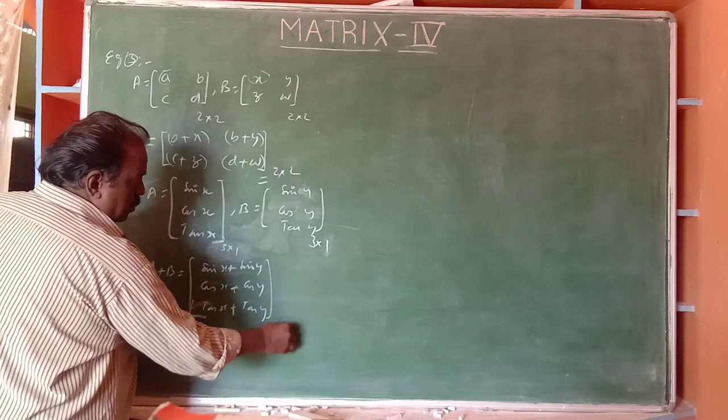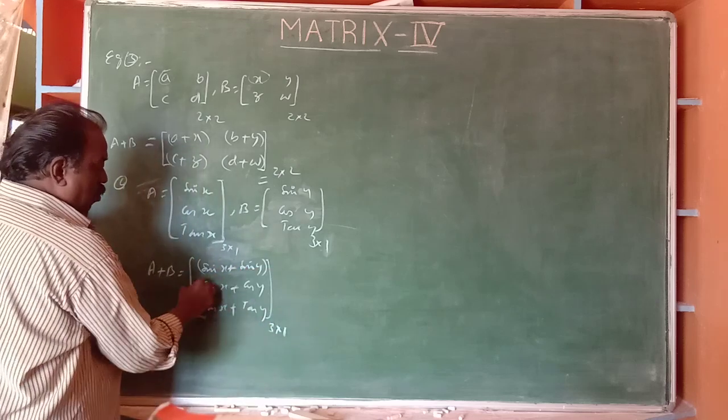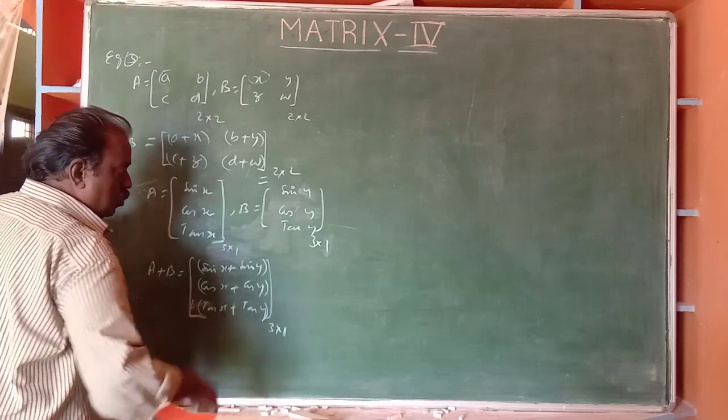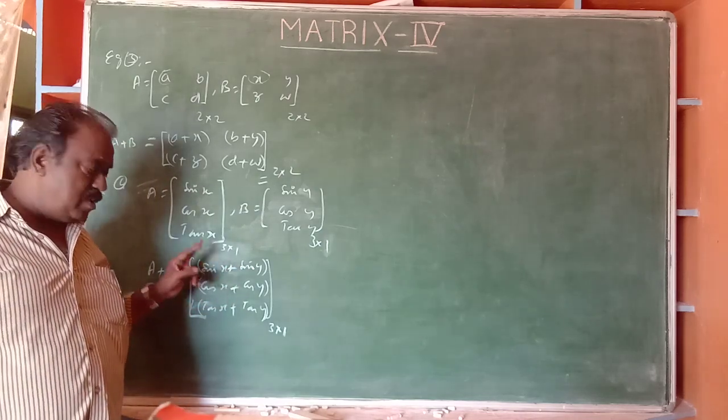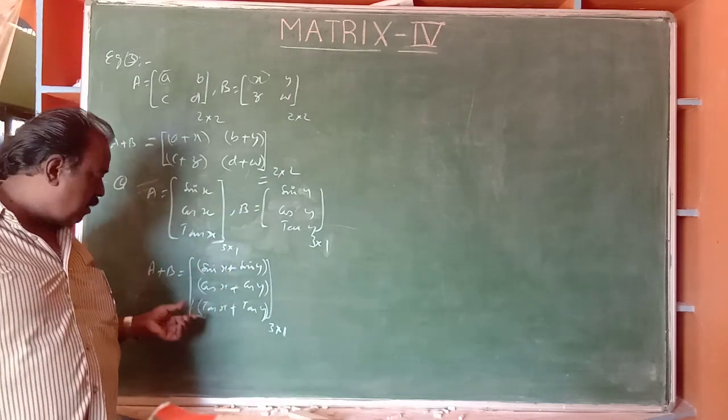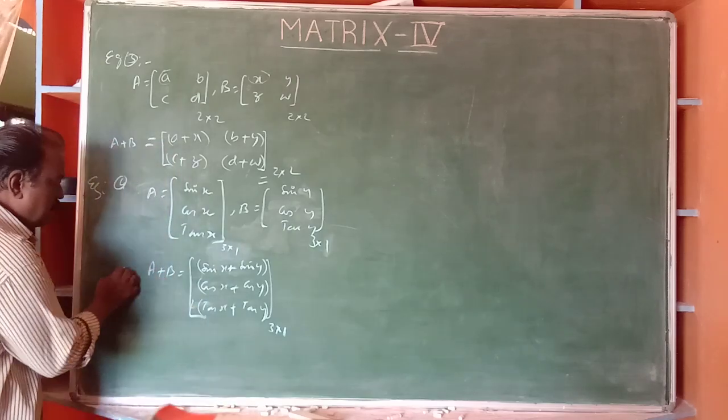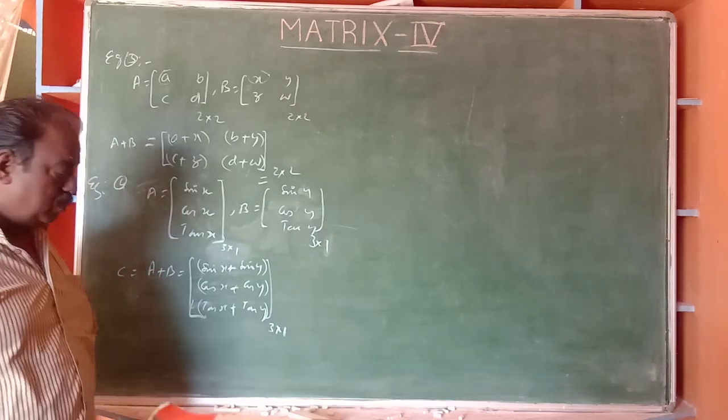It is also 3 by 1, 3 rows, 1 column. It is again a new matrix, say it is capital C.